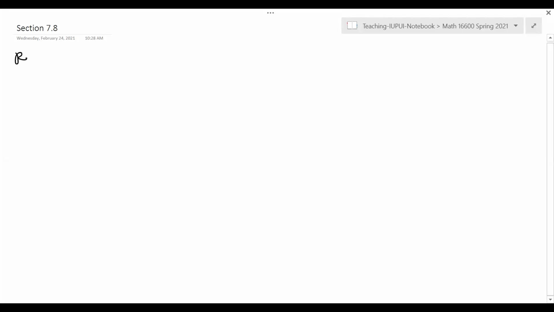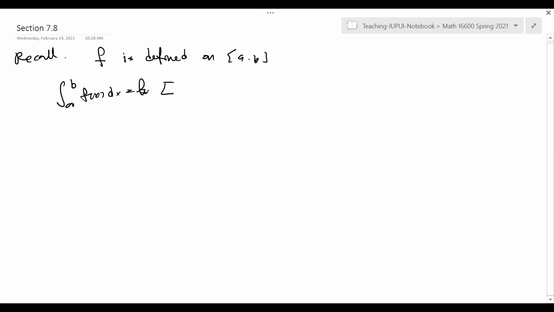Recall that, first of all, f is defined on a closed interval and is bounded. Then the integral of the function is defined, which is the limit of the Riemann sum of f(xi star) times delta xi.